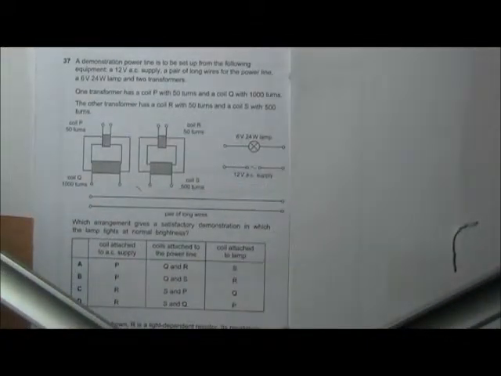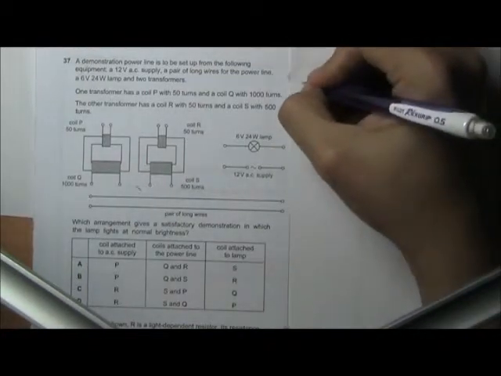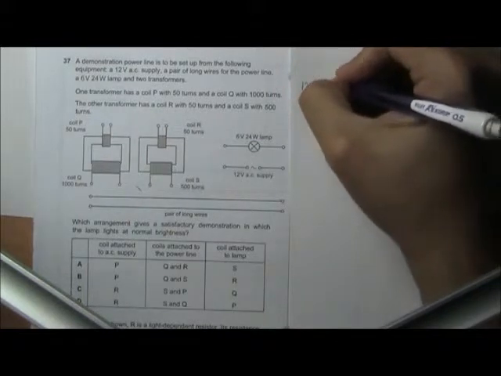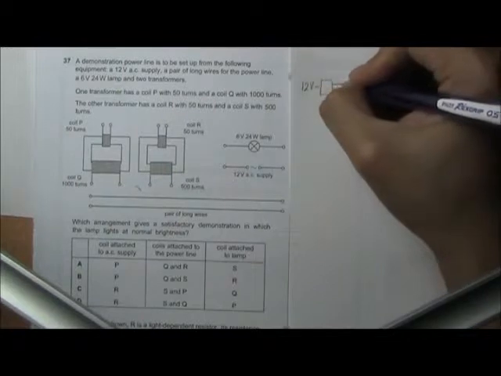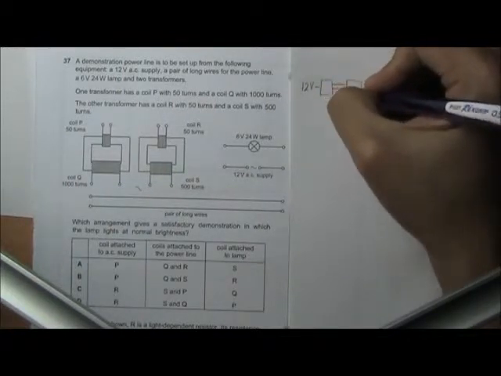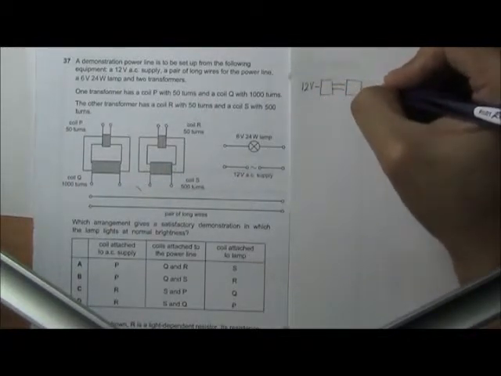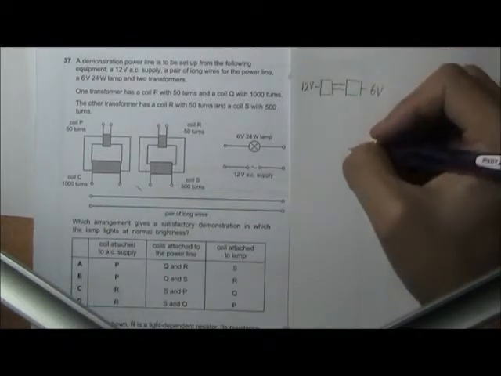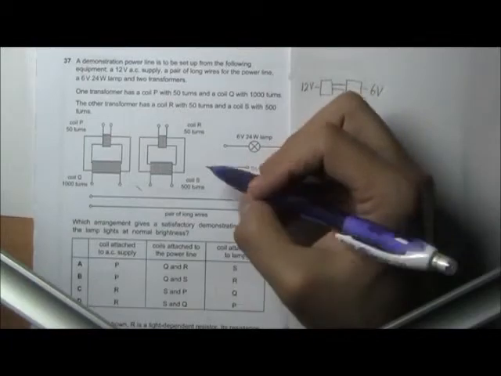Okay, in this question, we have an input voltage of 12 volts, then it will go through a transformer, and then it will go through a pair of long wire, and it will go through another transformer, and we should get 6 volts at the end. Okay, so we are given two transformers.